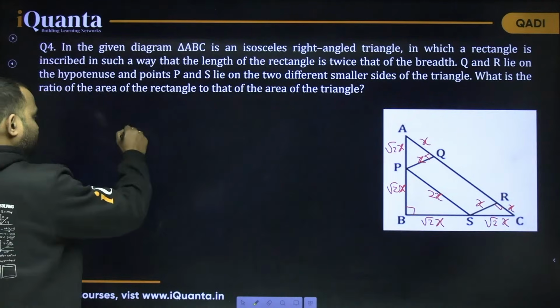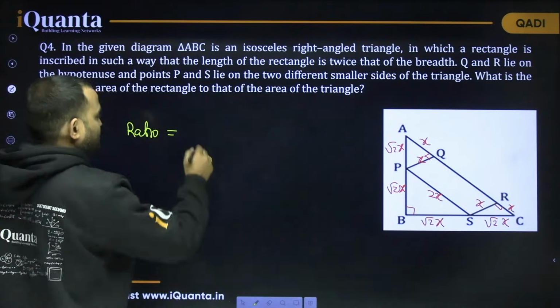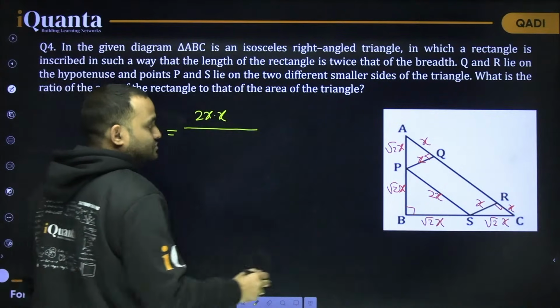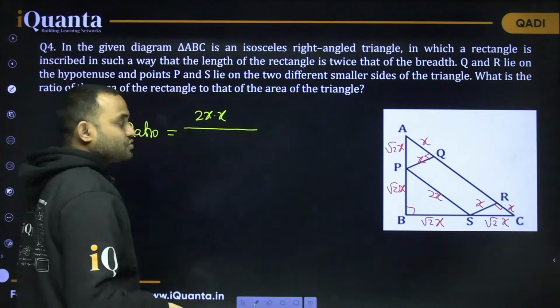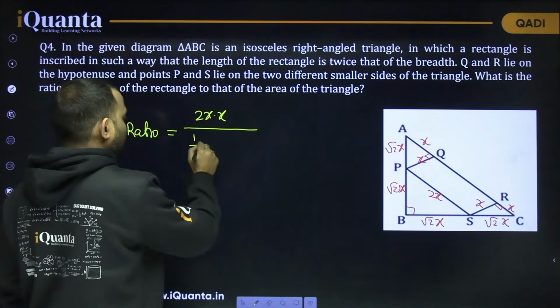So the ratio that we are looking for: area of rectangle, 2x into x, divided by the area of the triangle, which is half into root 2x into root 2x... 2 root 2x.